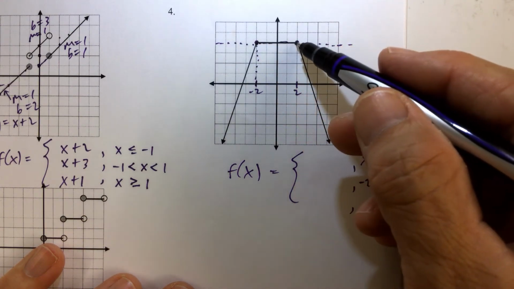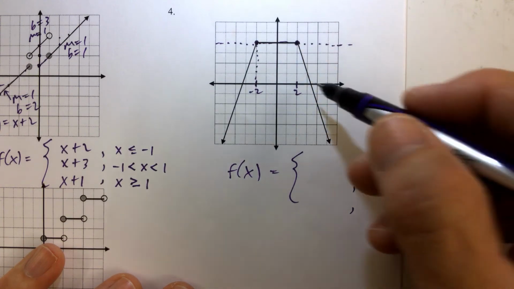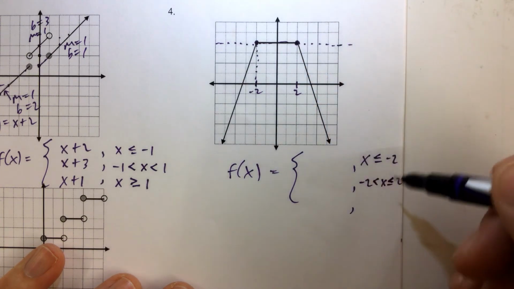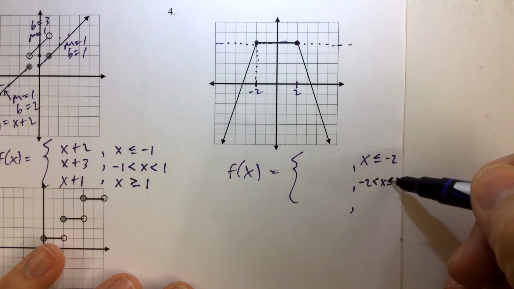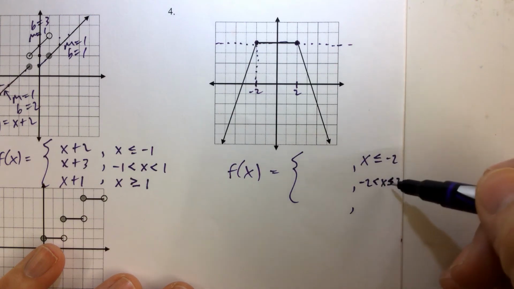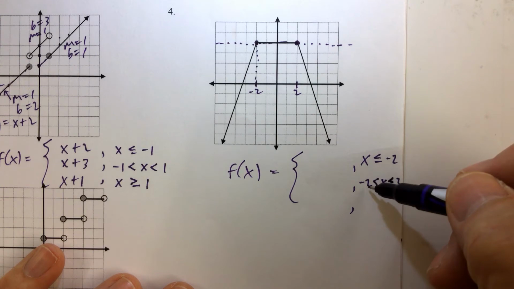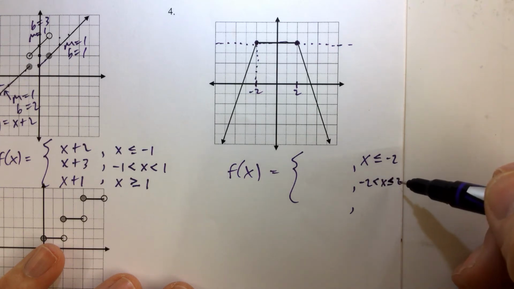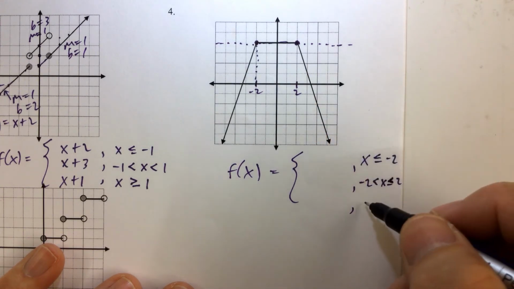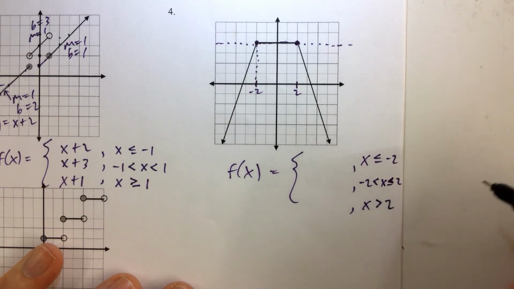Again, when we first get to a dot, we're going to let the first piece that hits that dot get the equal to symbol. So we have x in between -2 and +2, not including -2, but yes, including +2, and the other piece then would be x is greater than 2.